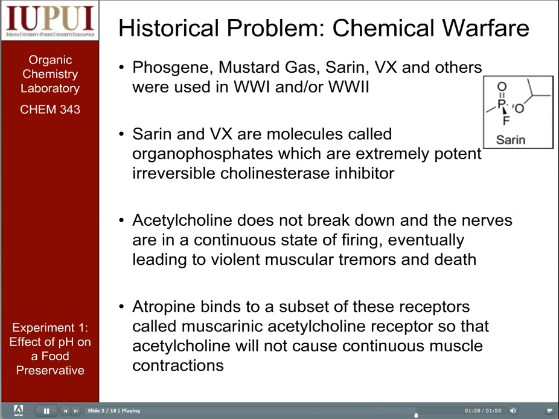A solution to this was atropine, which is again another organic chemical, something that binds to some of those receptors that sarin and VX gas might interfere with, and that chemical atropine doesn't cause these continuous muscle contractions.